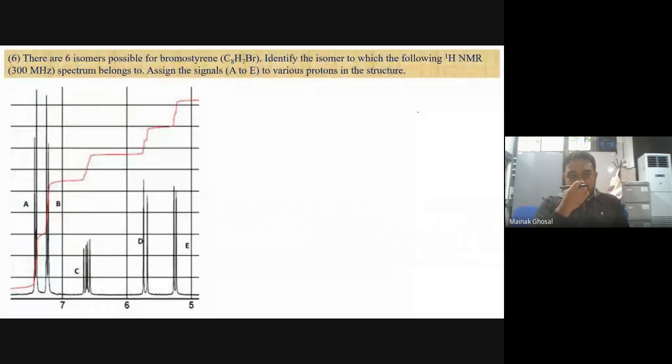Coming to the last question for today, there are 6 isomers possible for bromostyrene. You have to identify the isomer to which the following 1H NMR spectrum belongs. So you have to assign A to E for the various protons in the structure. What is the structure of styrene?